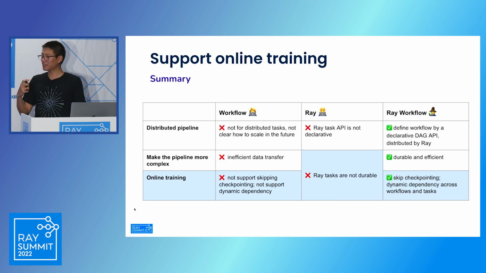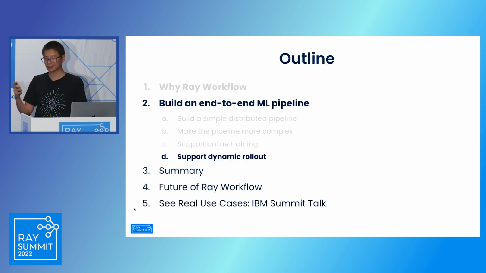And there's another issue: durability is still an issue for Ray, and it becomes more serious here because you have an even longer dependency chain, and not being durable is really a downside. With Ray Workflow, you can skip checkpointing, you also get guaranteed durability, and you can build dynamic dependency between workflows and tasks.